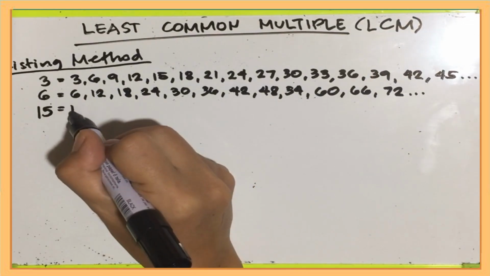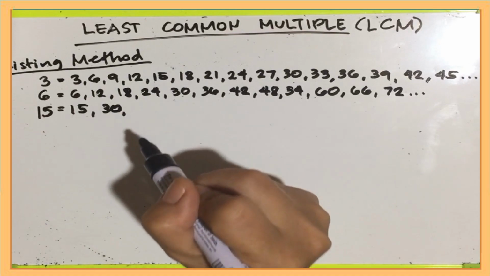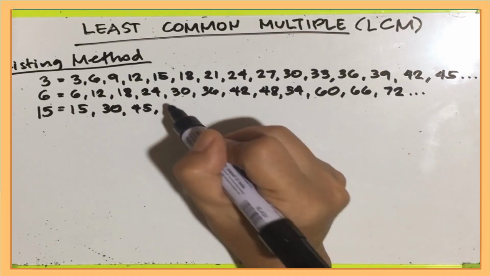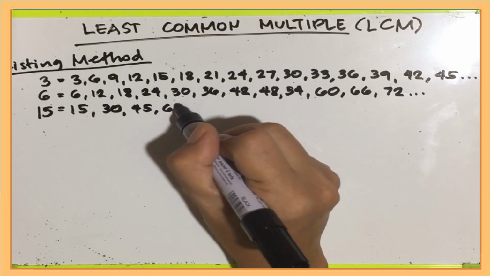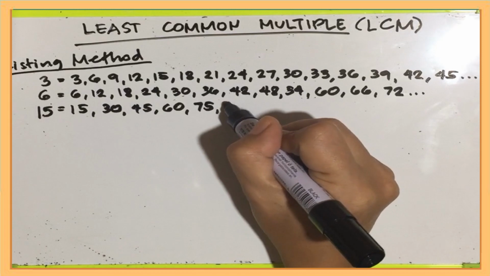For 15, we have 15, 30, 45, 60, 75, 90, and so on.